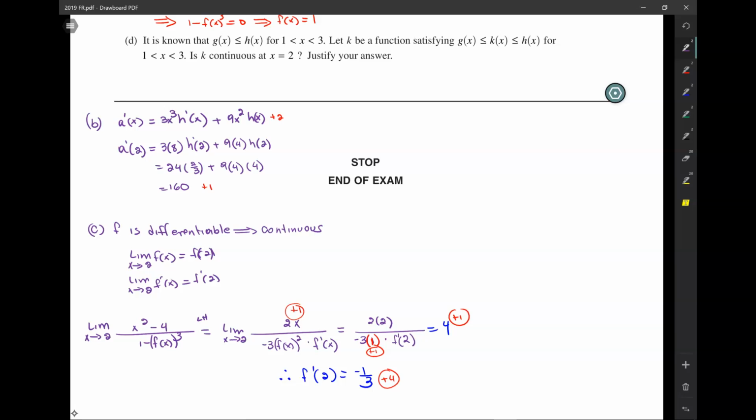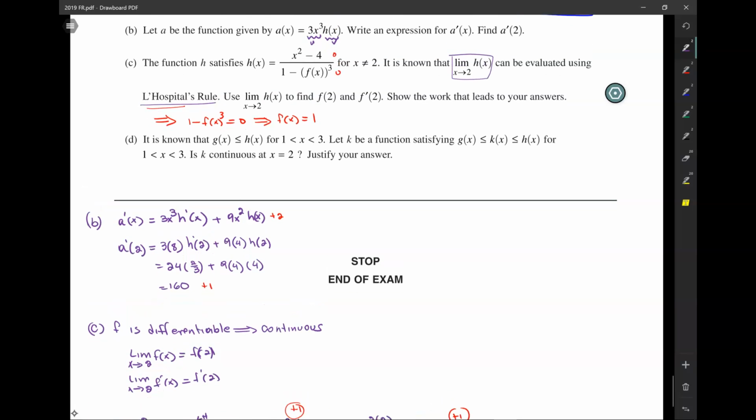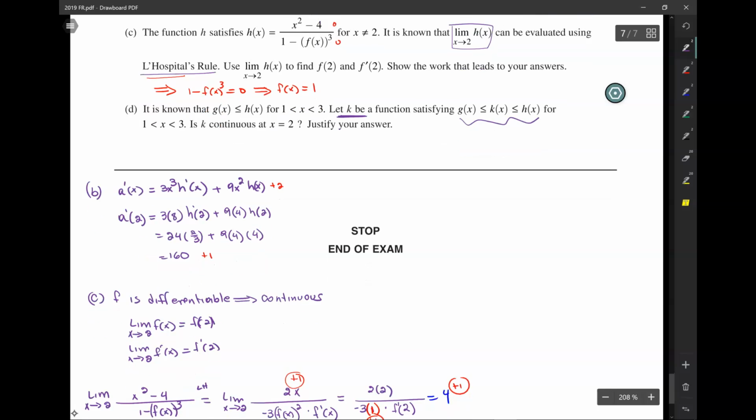And then, look at this. It is known that g of x is less than h of x for 1 to 3. K is a function that's in between g and h.